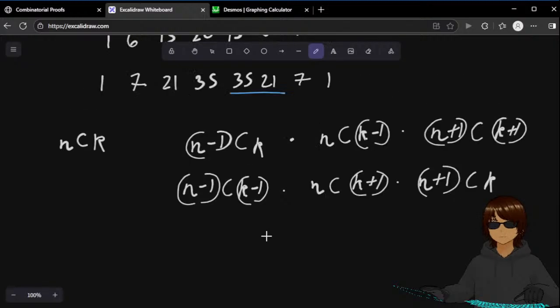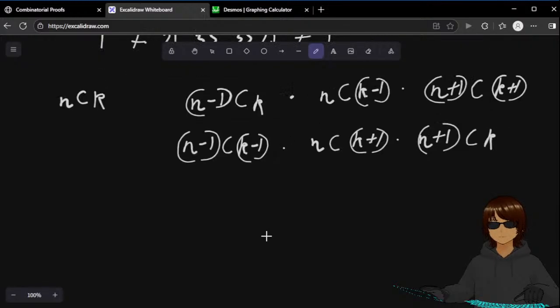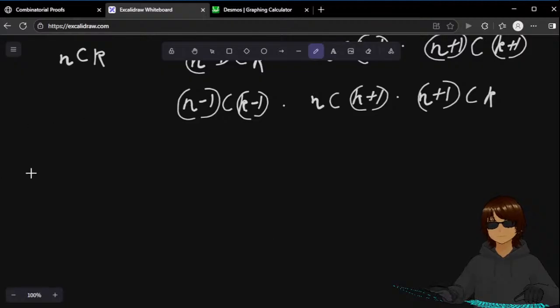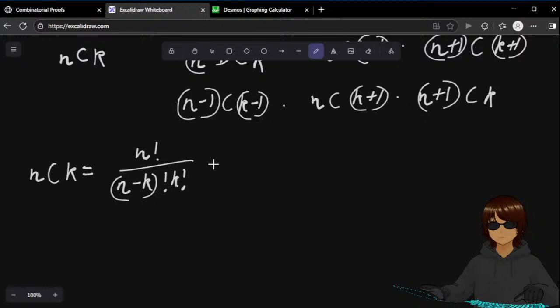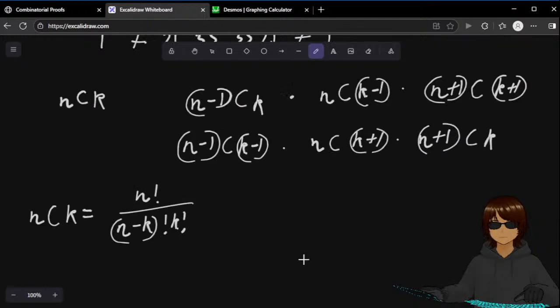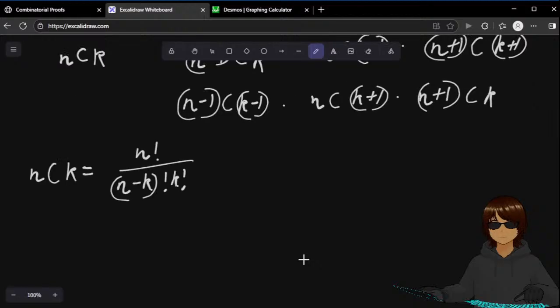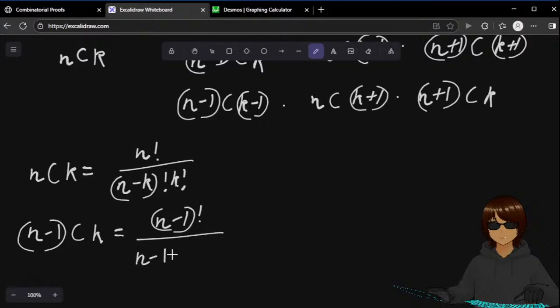Let's see. n minus 1 factorial times n minus 1 minus k factorial and then k factorial.